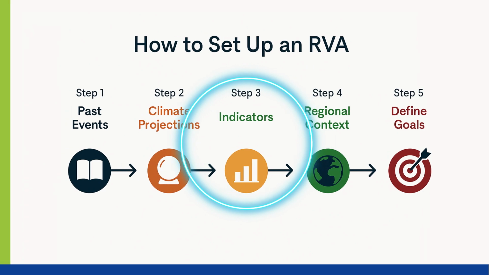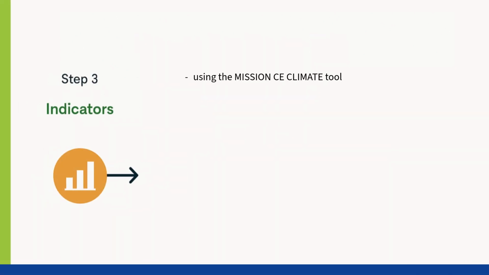Step 3 is conducting the indicator-based assessment. Each region has unique conditions and challenges influencing its total vulnerability. Using the Mission C Climate tool, cities can apply a set of indicators to evaluate exposure and sensitivity to climate risks.